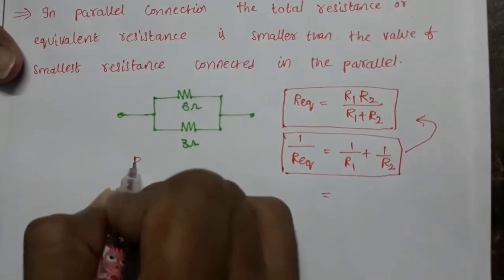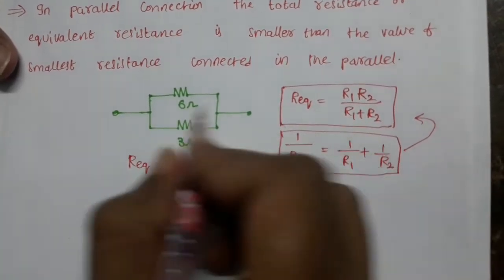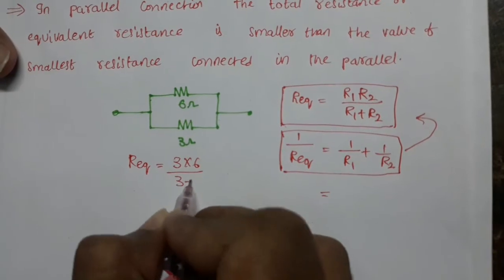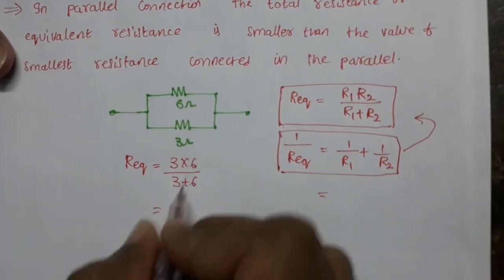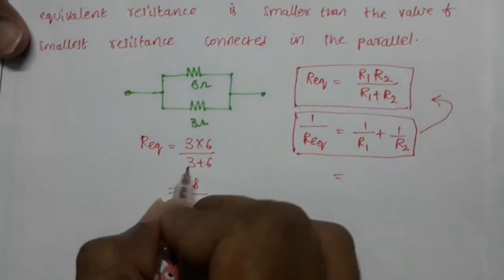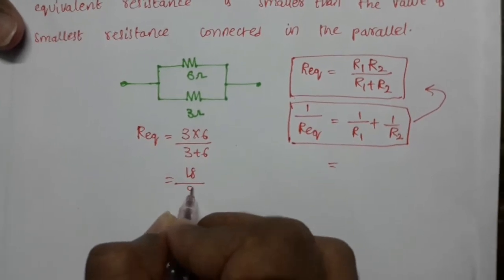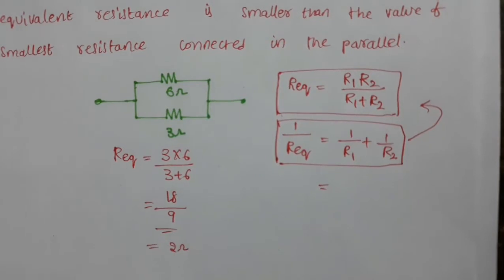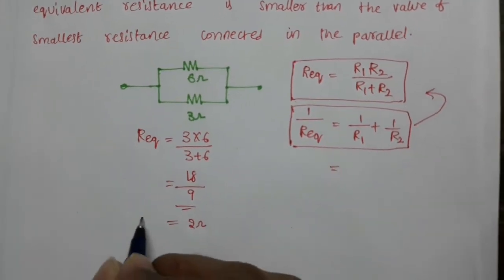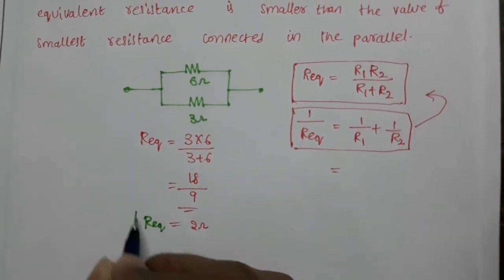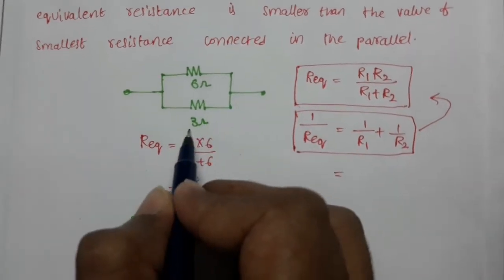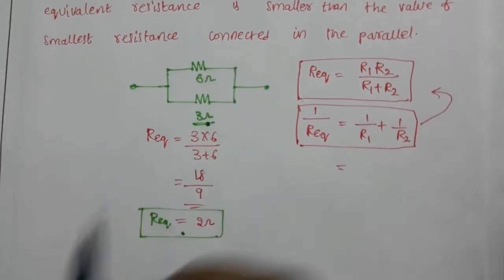So for R equivalent, 3 into 6 by 3 plus 6. 3 into 6 equals 18 divided by 3 plus 6 equals 9. So you will get R equivalent equal to 2 ohms, which is smaller than the smallest resistance connected in the parallel circuit.